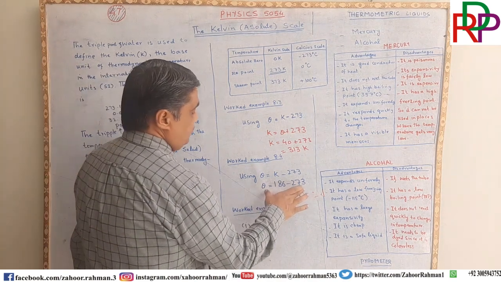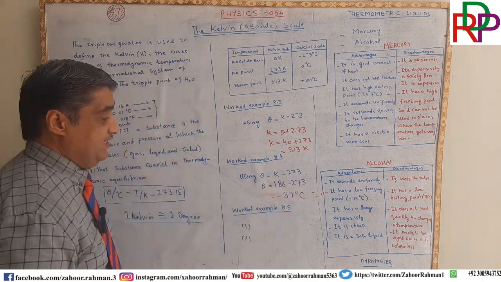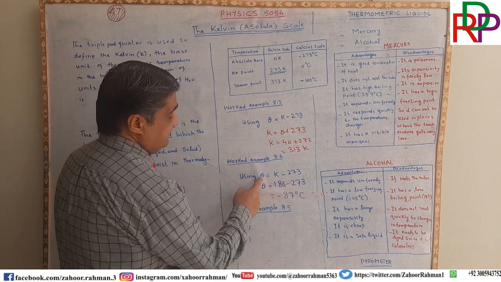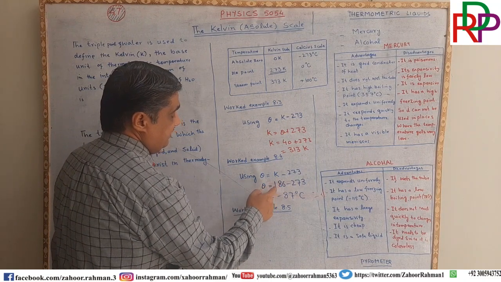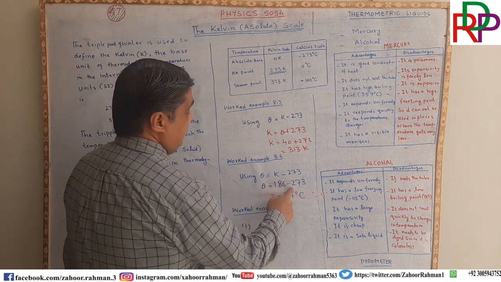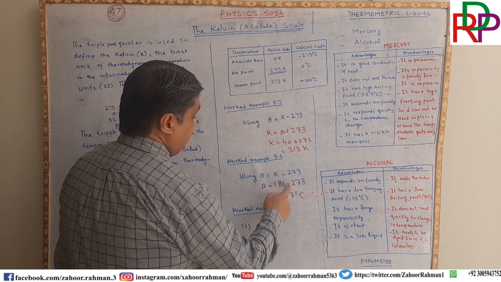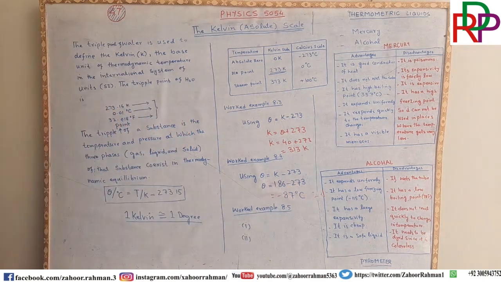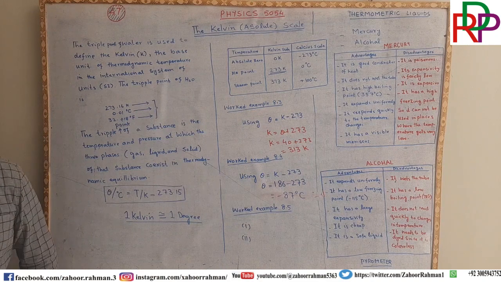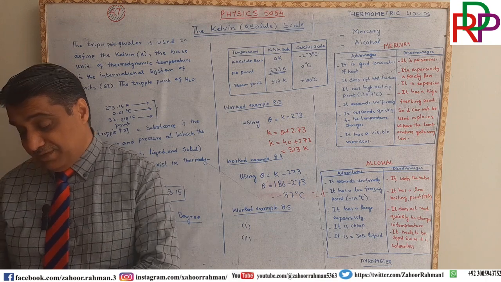We don't have to move any quantity to the other side, because we have to find it in Celsius. Instead of Kelvin we put 186 minus 273. When we subtract a larger value from a smaller value, the sign will be negative, and that is minus 87 degrees Celsius.